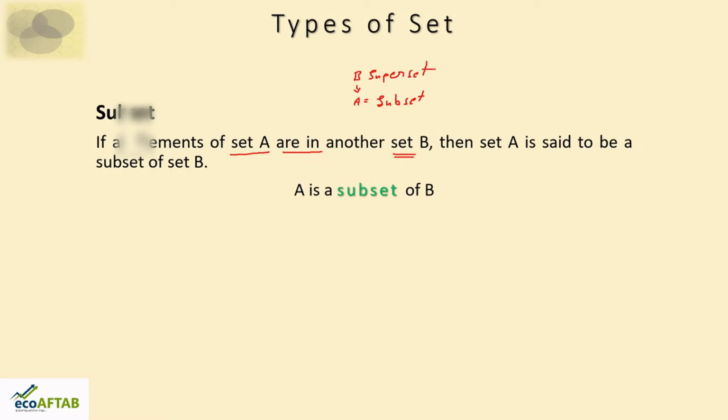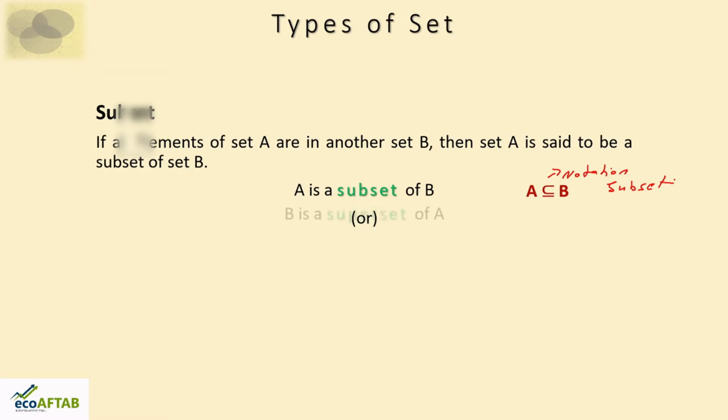A is a subset of B. This is the notation for subset. A is a subset of B, or you can say B is a superset of A.